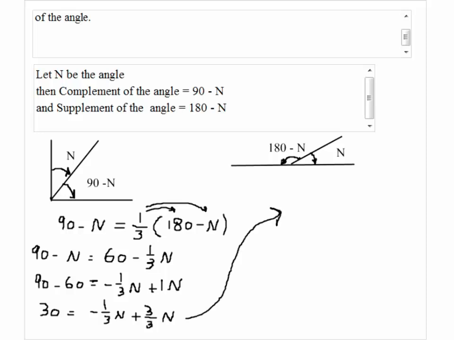Minus 1 plus 3 is 2, so we have 30 is equal to 2/3 n. To solve for n, we multiply both sides by 3/2.